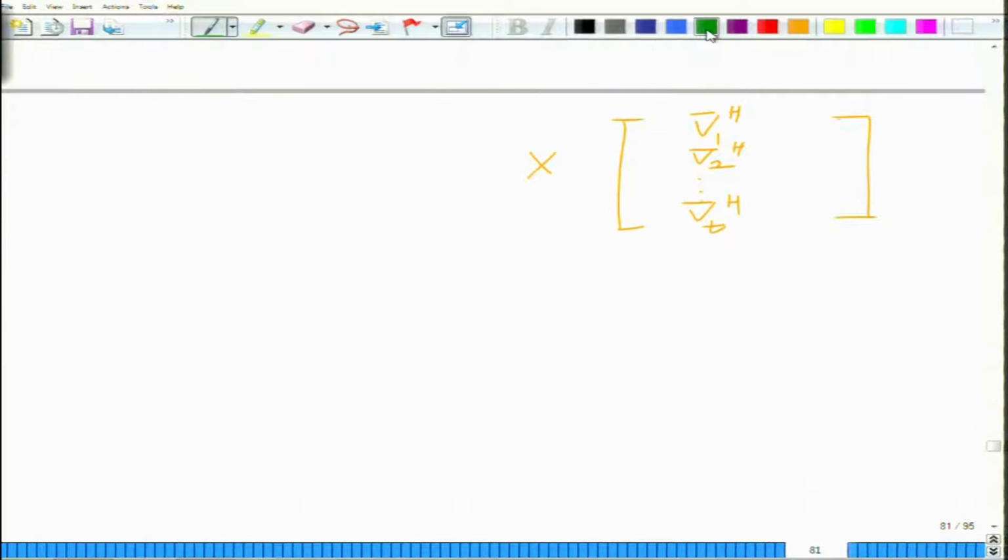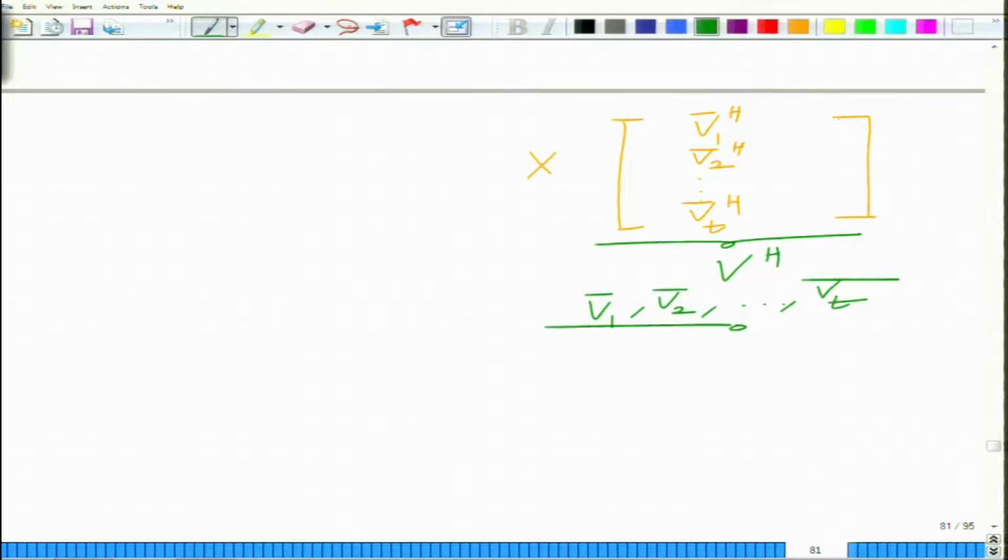So this is your V Hermitian, with rows V1 bar, V2 bar, up to Vt bar, which are orthonormal rows.